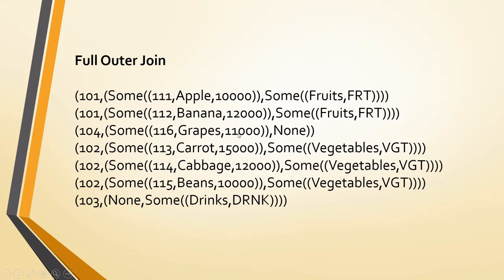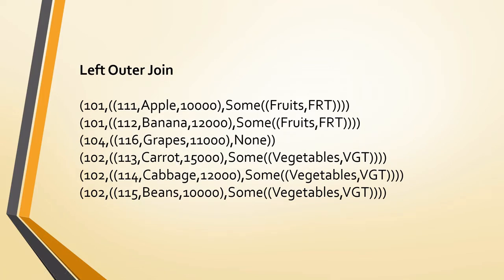And for 104, the first table contains some value for the 104 department number key, whereas it's not there in the second department table. And also 103 is present in the second table but not present in the first table. Because in full outer join we cannot assure that both the tables will have matching data, for that reason Spark provides the Some or None functionality applied to the full outer join.